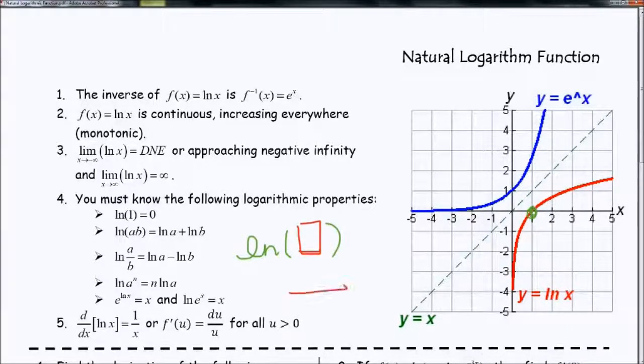We're going to have the derivative, something prime, over whatever something is. That's the pattern for ln: ln of what, that goes in the denominator, and its derivative goes in the numerator. So let's look at several examples.